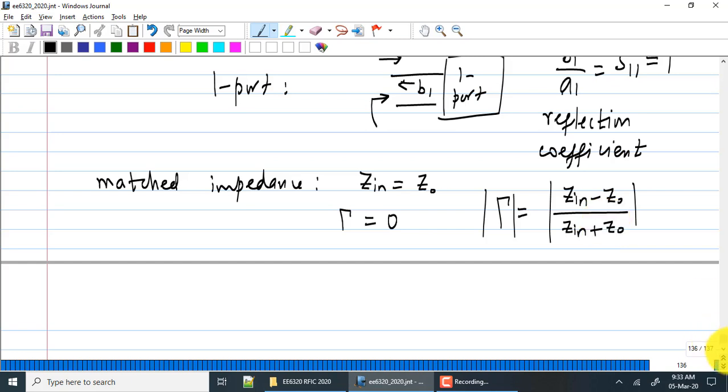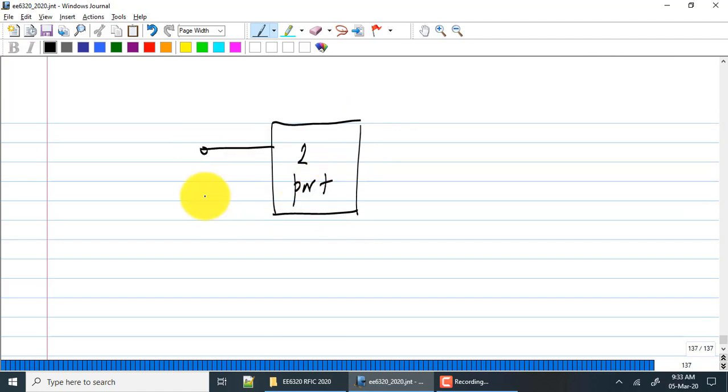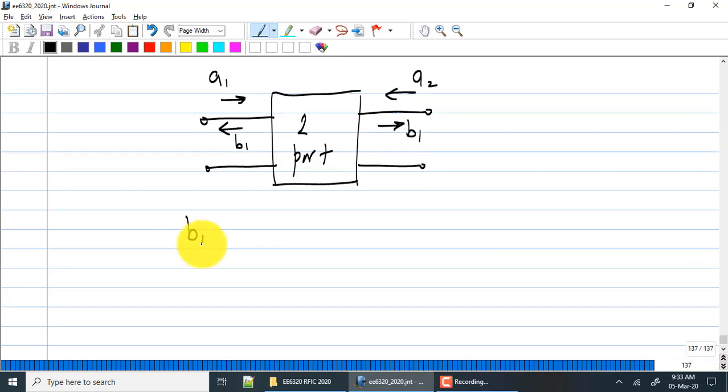But if I move to a two port system, note that if I were to explicitly write down the equations relating B1 and B2 in terms of A1 and A2, what is B1? B1 is S11 A1 plus S12 A2. B2 is S21 A1 plus S22 A2.